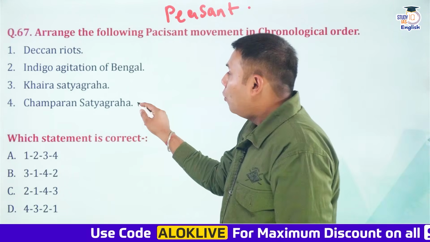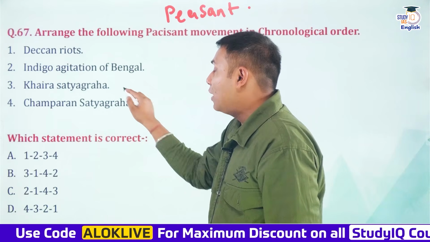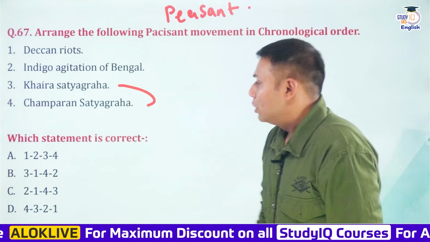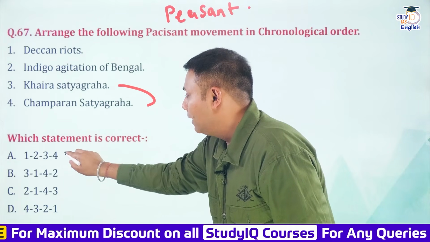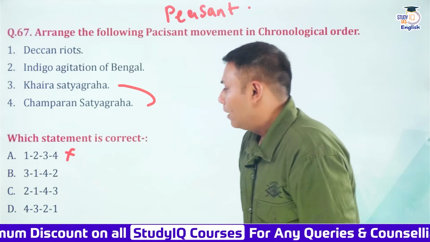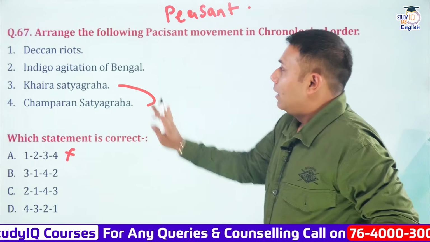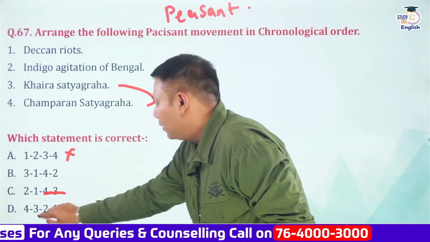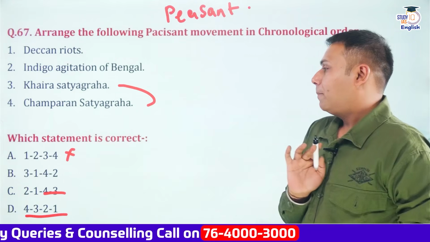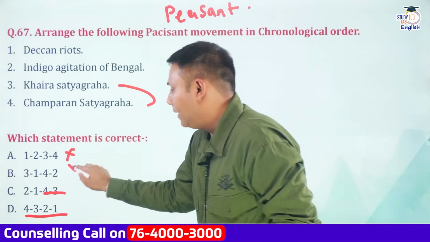So option 4 should be first and option 3 later. Here 3 is first and 4 is later, so this becomes wrong. Of 4 and 3, these two options are left, and this is also eliminated.